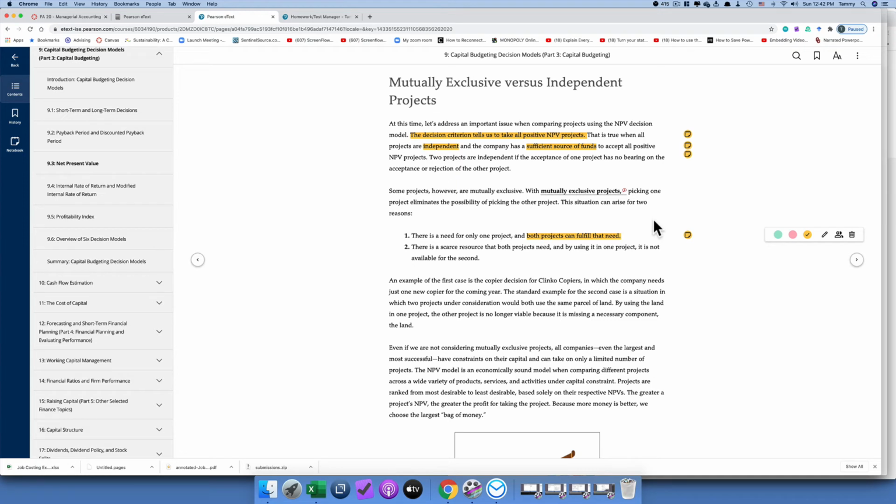Or the other thing that can make 2 projects mutually exclusive is that there's a scarce resource that both projects need. Right? So if you have one piece of land, you can only put one item on it, one factory, one power plant, one farm field or whatever, then you can only do one.